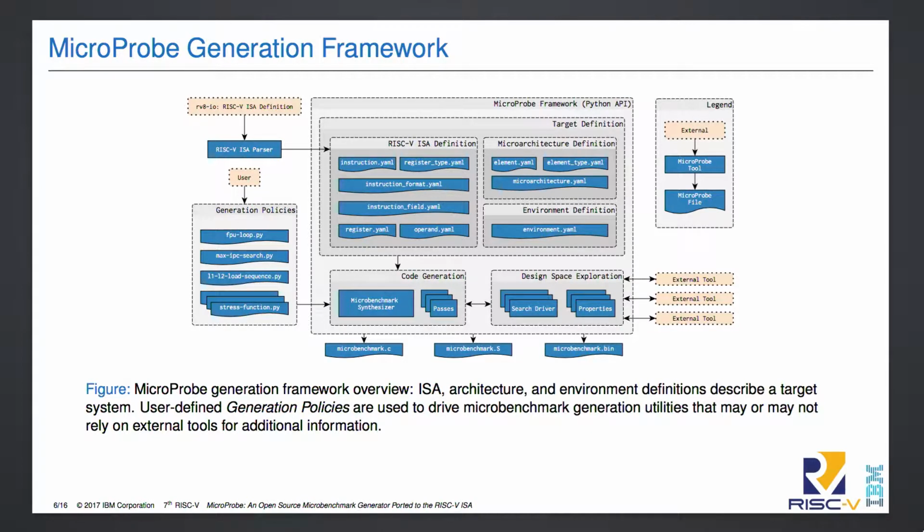We directly parse that, and use that to generate our RISC-V ISA target definition. I'll get into a little more detail on what these individual files represent. But roughly, once we provide all of this for you, then as a user, all you have to do is write your generation policies.